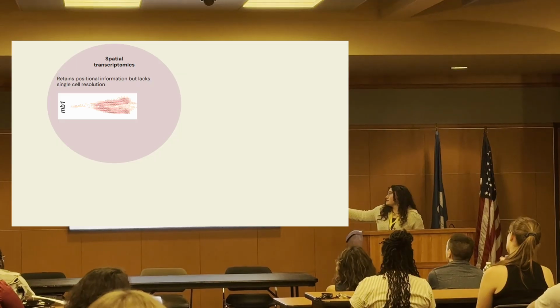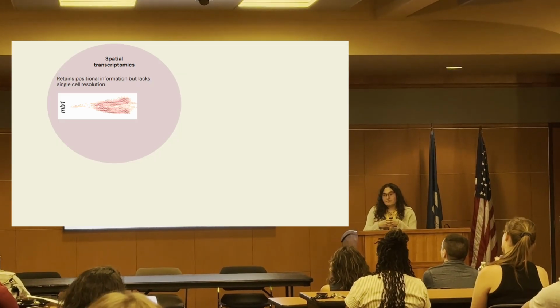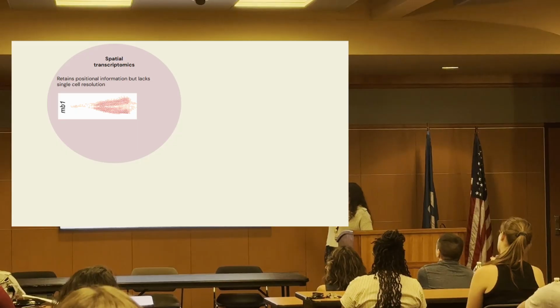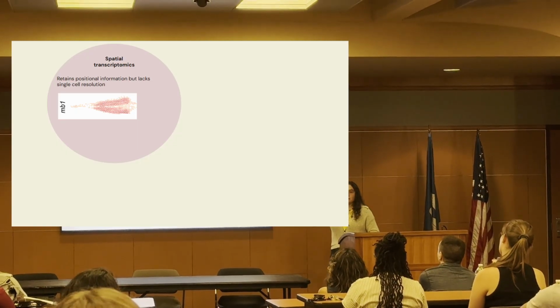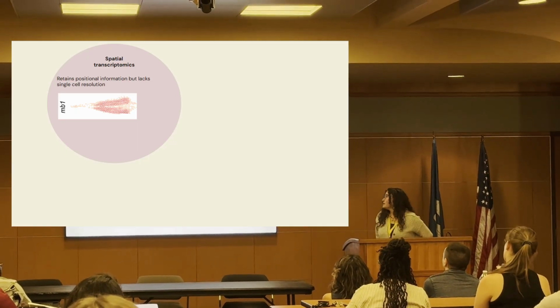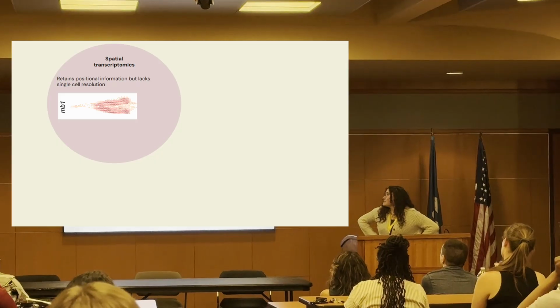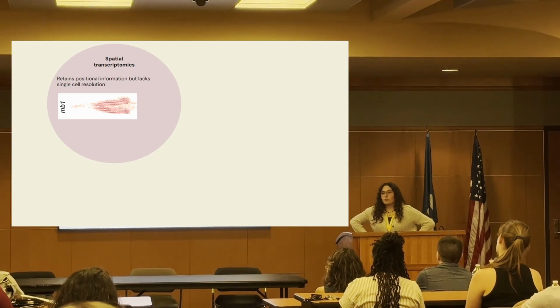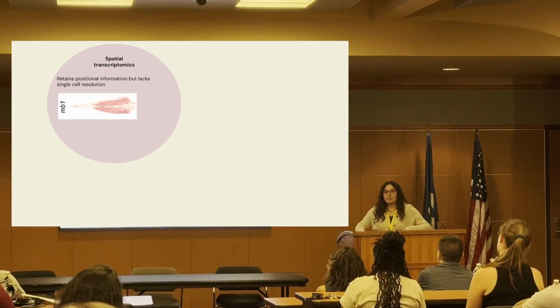And each dot is representative of a collection of cells, so this is not just one cell. And the expression is obviously based on the darkness of the color, so darker colors indicate higher expression. But it really lacks that single cell resolution that we're looking for. So it will give you some information on where within the limb expression is happening, but not really to the single cell.